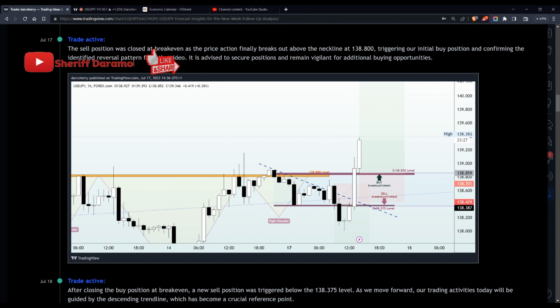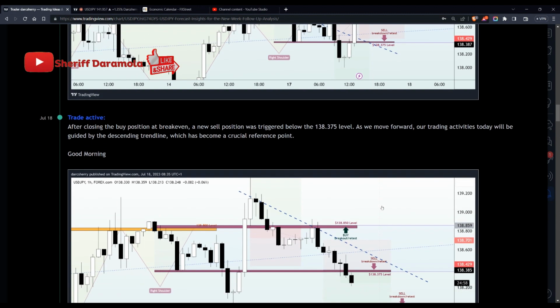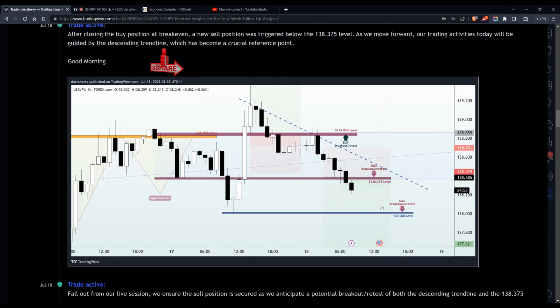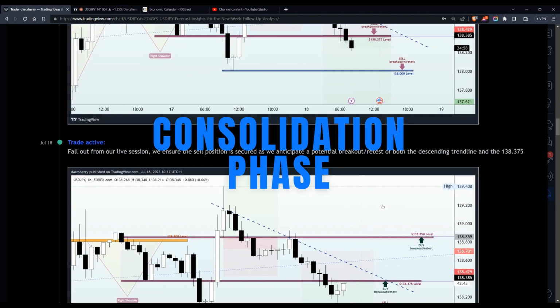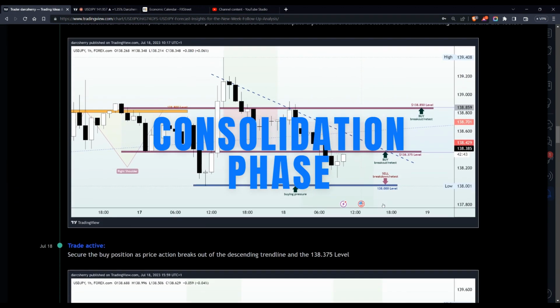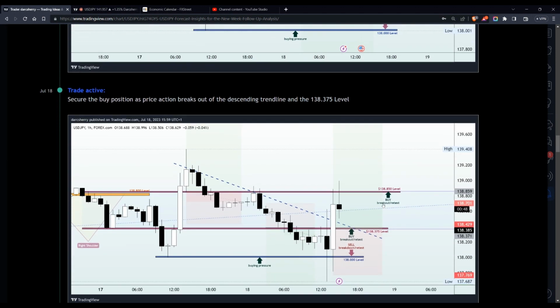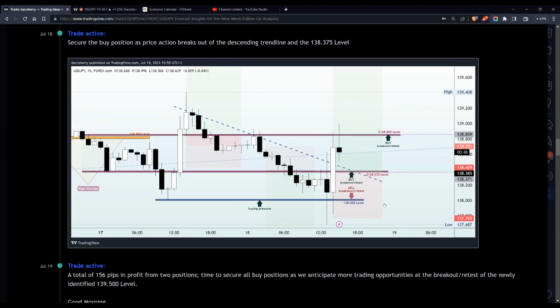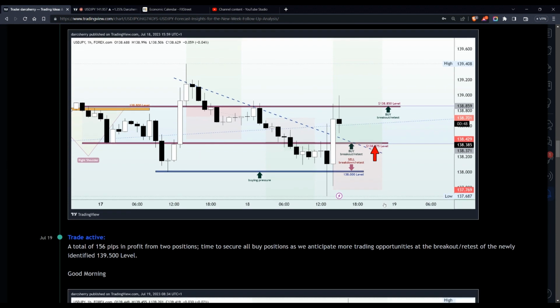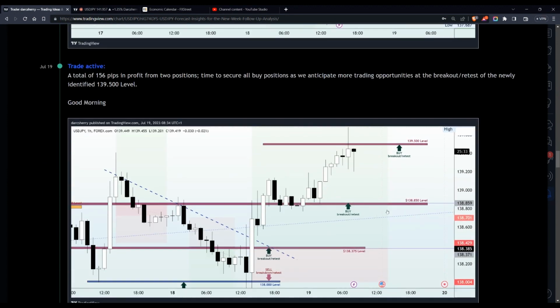Though that move did not last long, throughout the first half of last week, price action was just going through buying and selling, revealing the indecision in the market at that point. And during the second half of the week, we began to see some traction after price broke out of the 138.375, breaking out of that descending trend line we also identified earlier.